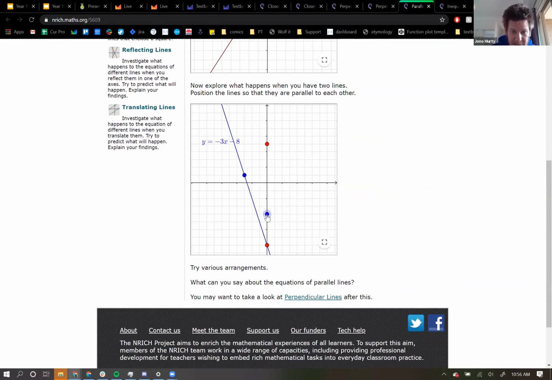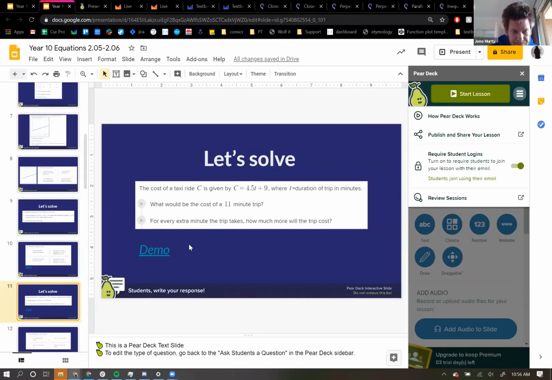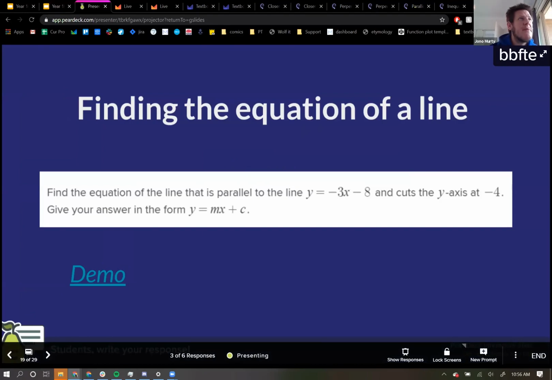I know I needed to pass through this point at minus 4, and I want parallel. And then we have minus 3x minus 4. We can see it's passing through this point here, and the two lines are parallel. Minus 3x minus 4, yeah, cool.